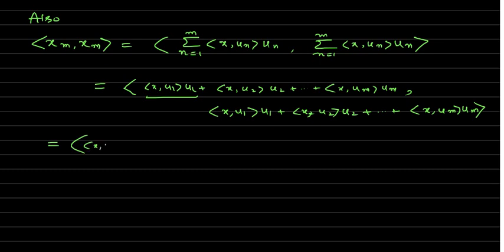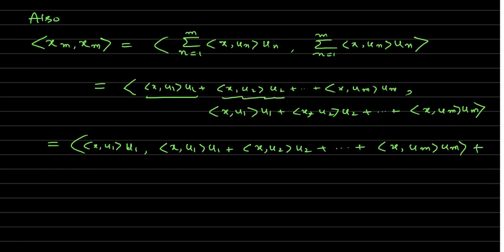That's the inner product x u1 with this whole sum. I don't need to expand it, but I am expanding it for you, otherwise it's very simple. Then plus the inner product of the second vector with this sum. What's the second vector?